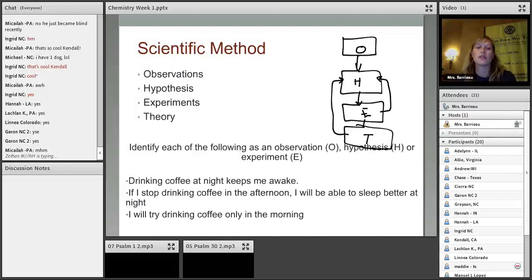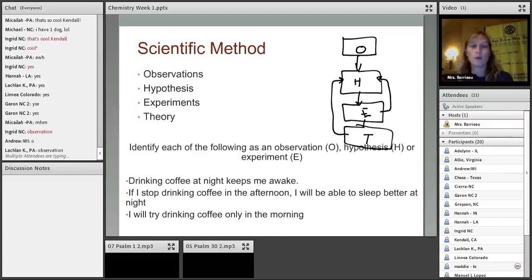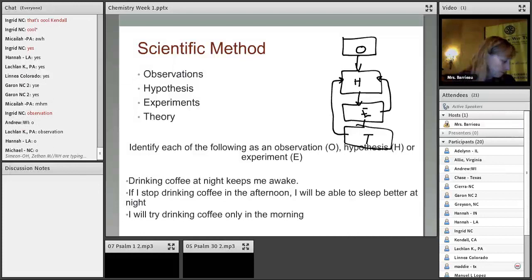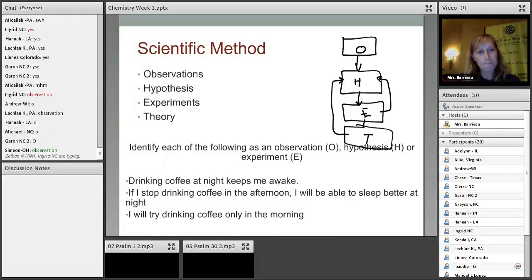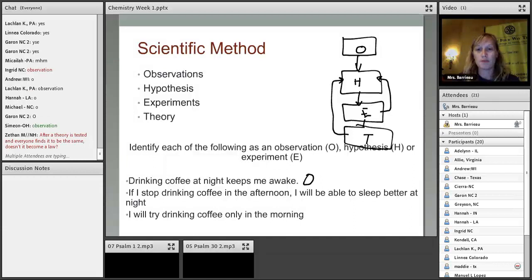So let's look at these examples. Identify each of the following as an observation, hypothesis, or an experiment. The statement, drinking coffee at night keeps me awake, what would that be? That's right, that would be observation. Okay? After a theory is tested and everyone finds it to be the same, doesn't it become a law? Yes.